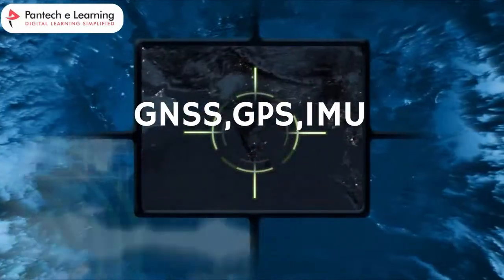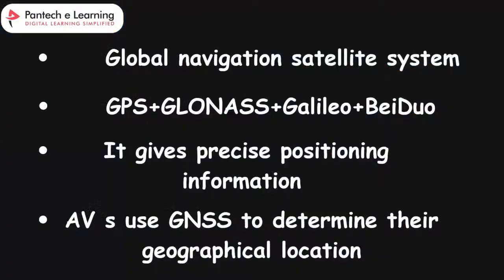So what is GNSS? GNSS is like a super navigation system in the sky. It uses satellites to provide precise positioning information all around the globe. GPS, we know, is the Global Positioning System. GPS is a part of GNSS. It uses a network of satellites to pinpoint your location on Earth.